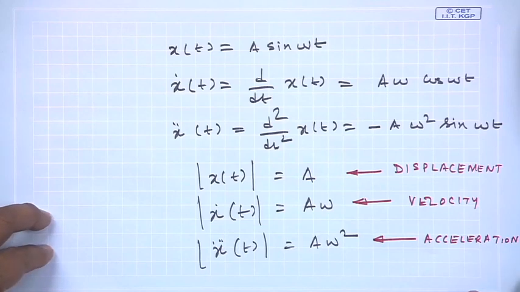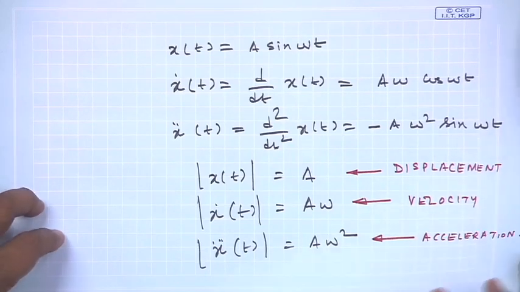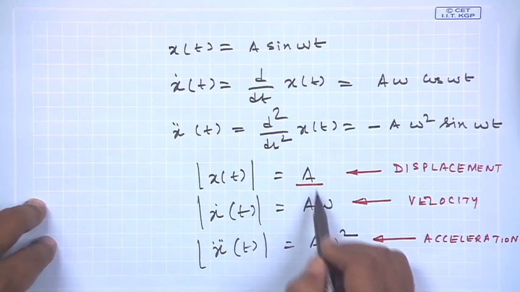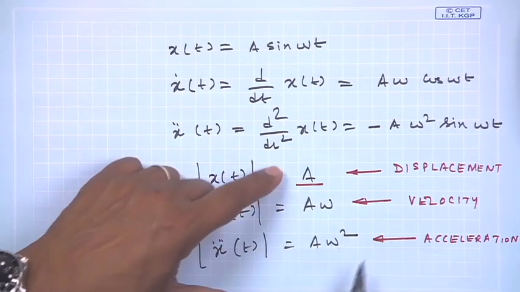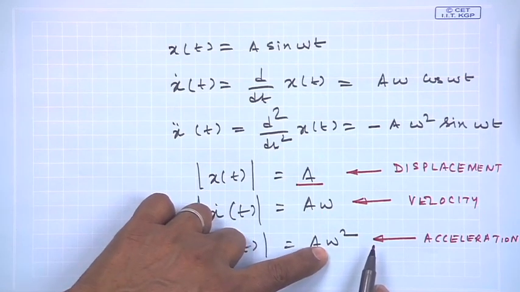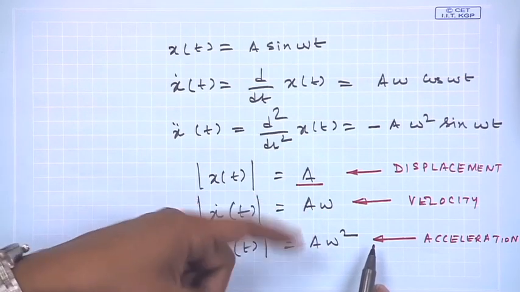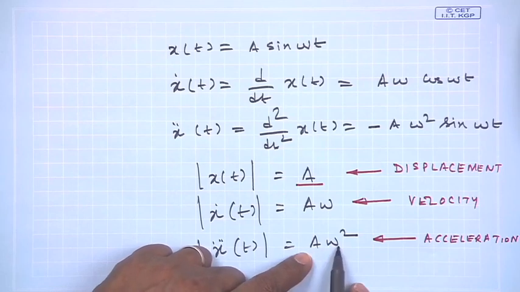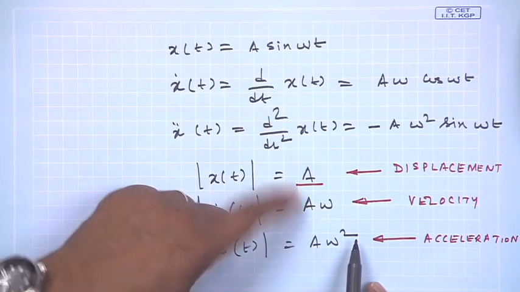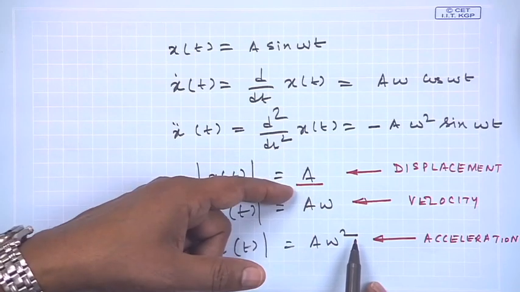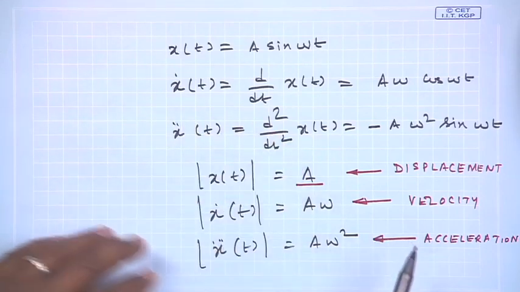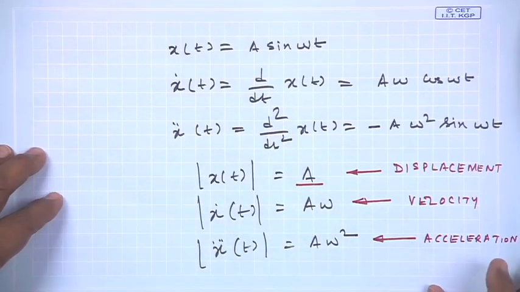So, you see here, if one is given, the other is actually either a multiplication by omega or a division by omega, and so on. So, from a omega square I want to get a omega, I divide it. From a omega I want to get a, I will divide it by omega, or subsequently from displacement I want to get velocity, I will multiply it. So, this is very useful.